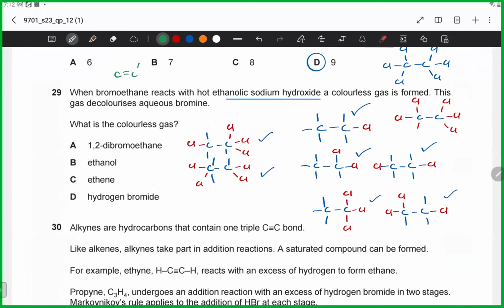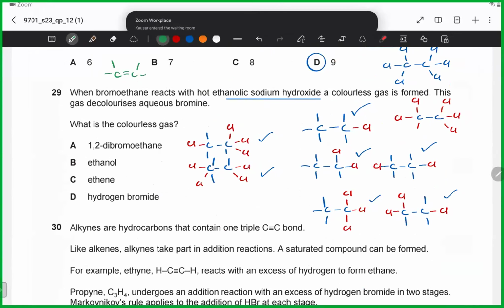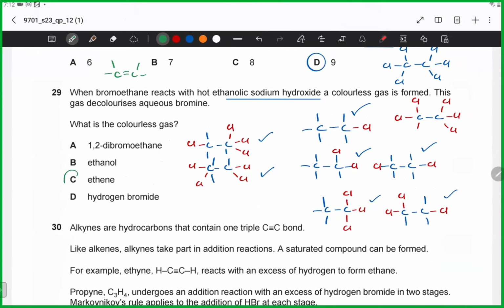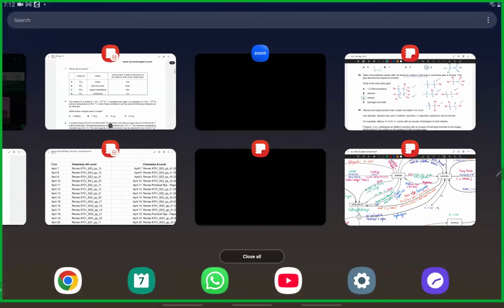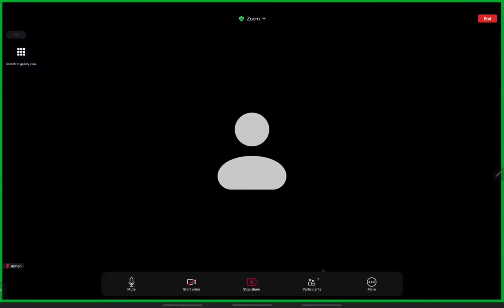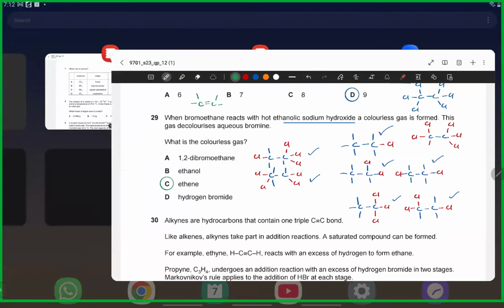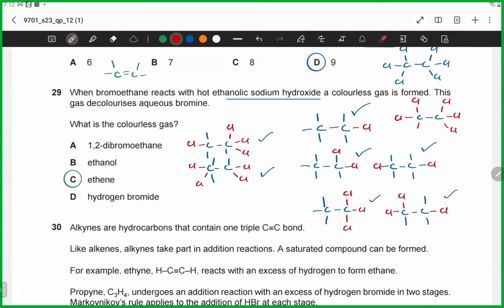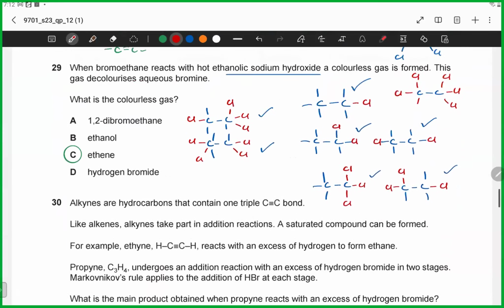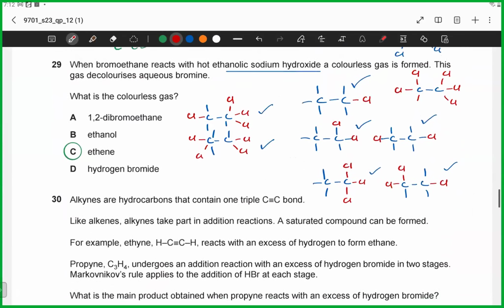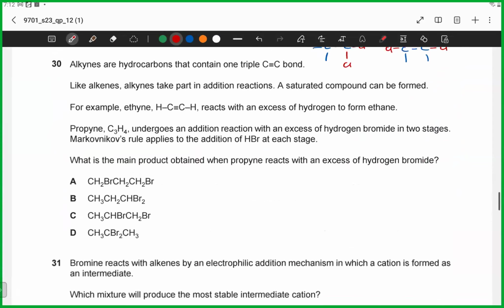This is going to become an ethene molecule, right? And it decolorises aqueous bromine. इथीन ऐसी आंसर है इसका, इसमें कोई ज्यादा सोचने की बात नहीं है। अच्छा इथीन, ठीक है, that's it. उसने decolorises aqueous bromine, that's it, ठीक है, it's ethene.